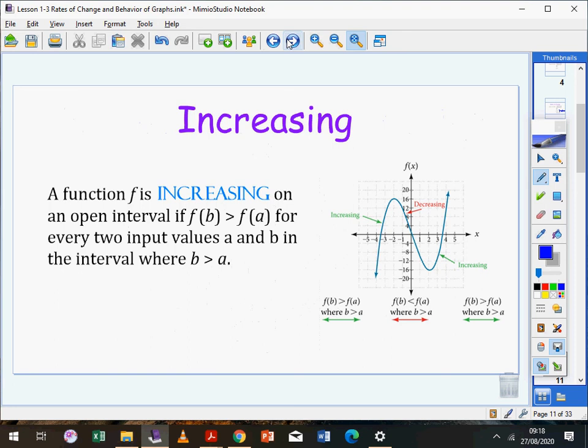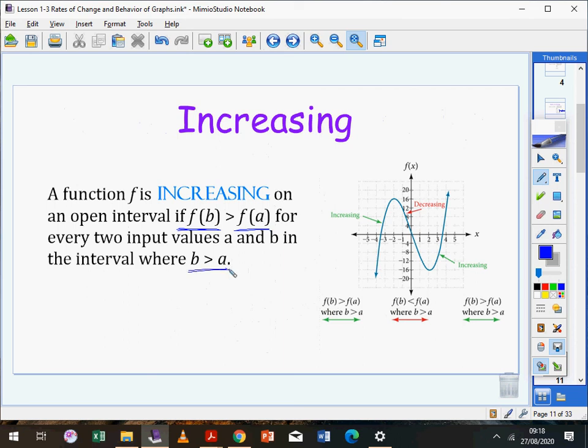Alright, so this is what this definition is telling us, that a function is increasing on an open interval where all the values of the function for an input value b are greater than the values of the function for input value a, if and only if b is greater than a.